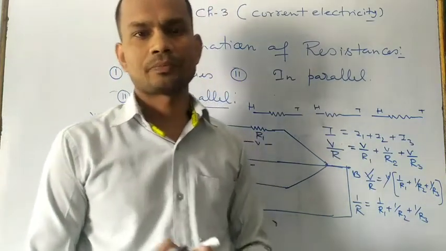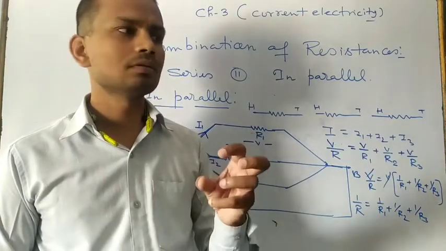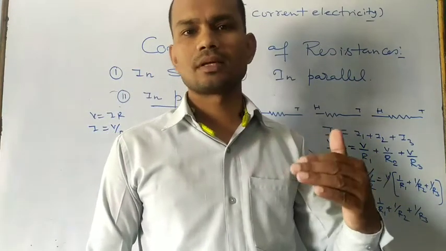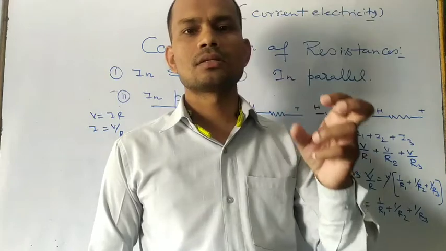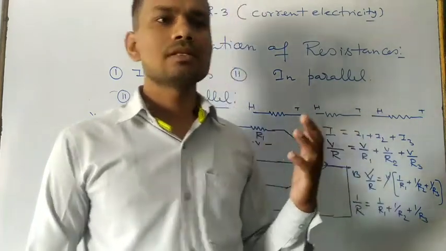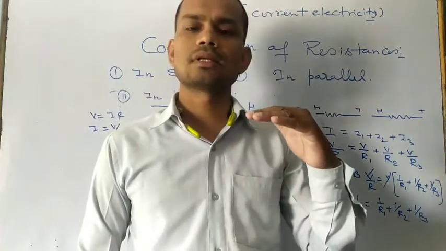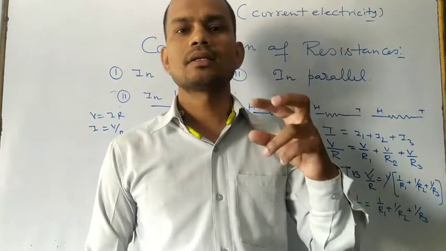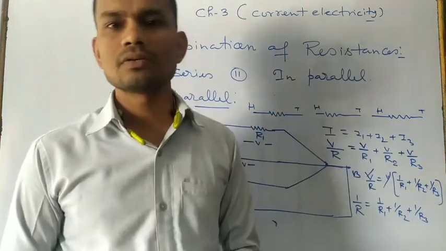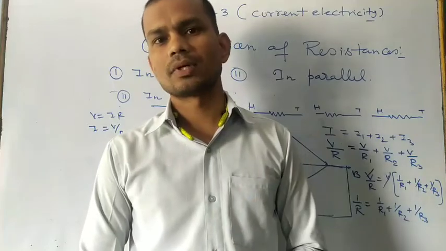Suppose we have any circuit, and in that circuit you want to reduce the value of the resistance, then you have to connect all the given resistances in parallel. For verification, earlier in the series arrangement we discussed that if in a circuit we want to increase the resistance, then we connect the resistances in series, and if you want to reduce the resistance in the circuit, then you connect them in parallel.